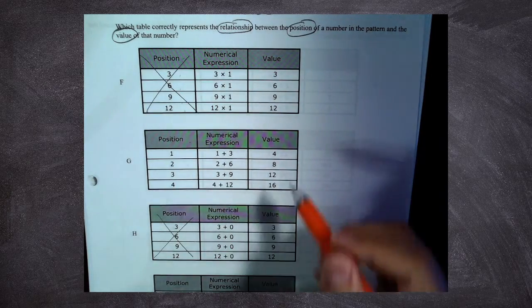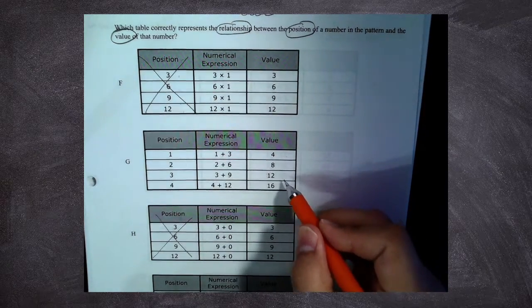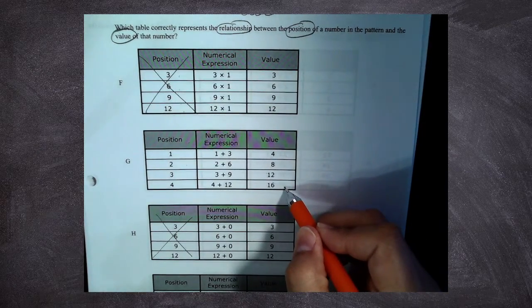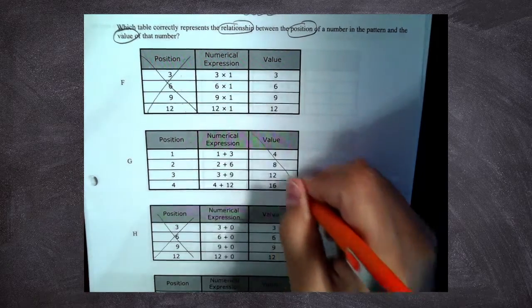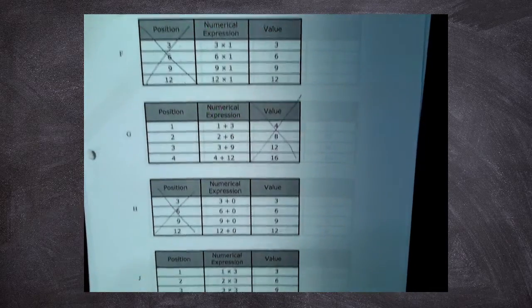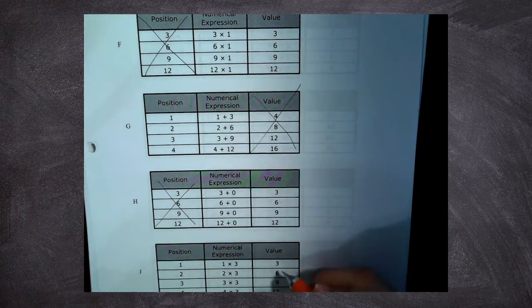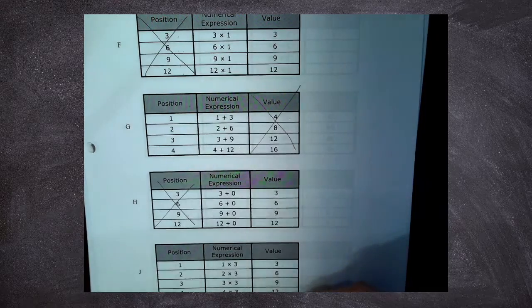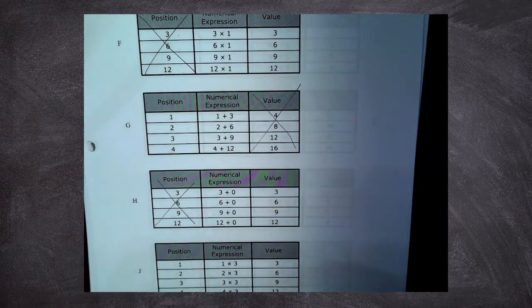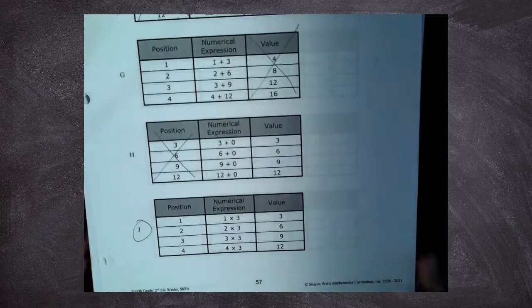Answer choice G. Value 4, 8, 12, 16. Answer choice H I already marked off. Answer choice J. 3, 6, 9, 12. The only one left, and the position matches, the value matches. So answer choice J should be my answer.